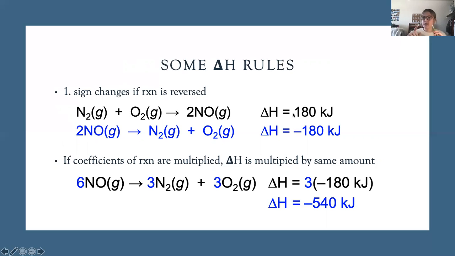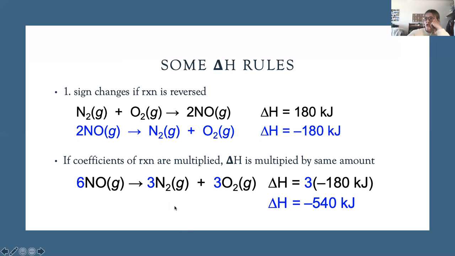And because you're flipping the order of what's happening, it's like you're breaking something down, then it becomes exothermic. So when you change the order of the process, whether it's endothermic or exothermic also changes. It doesn't stay the same. And it's always opposite. That's why we always flip the sign.